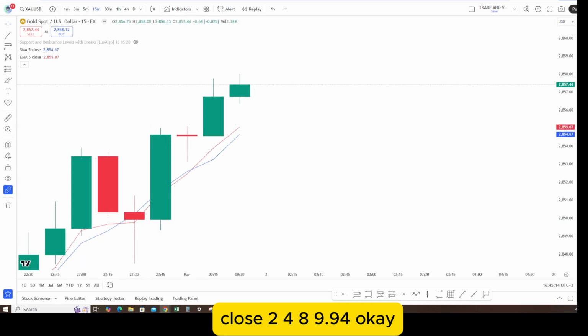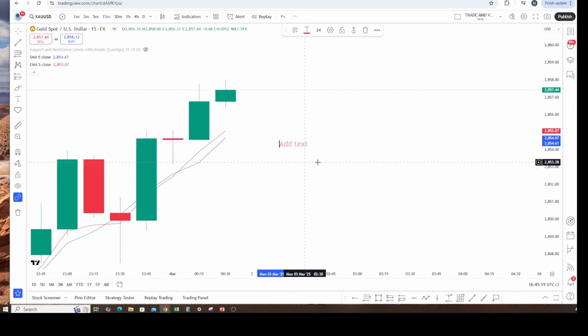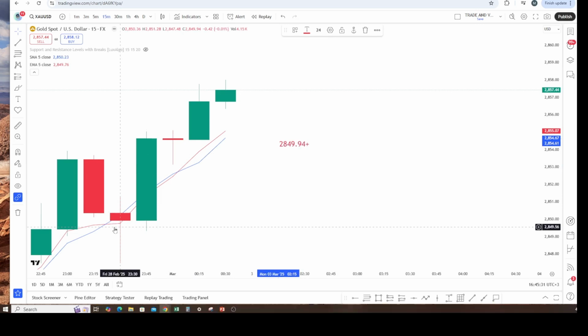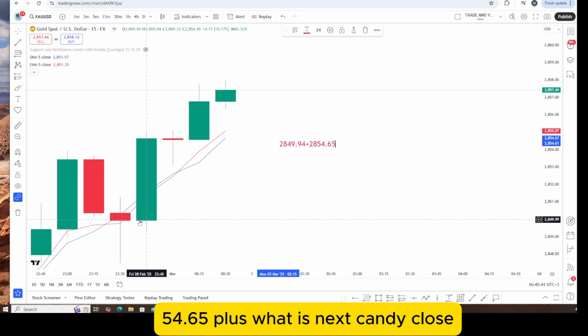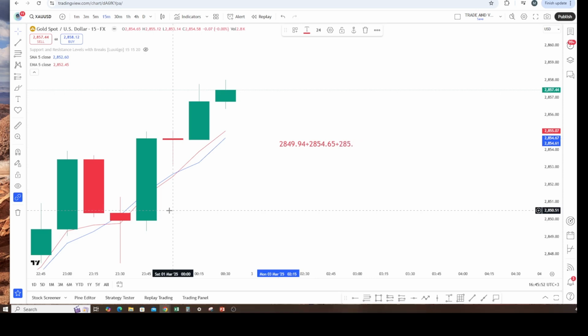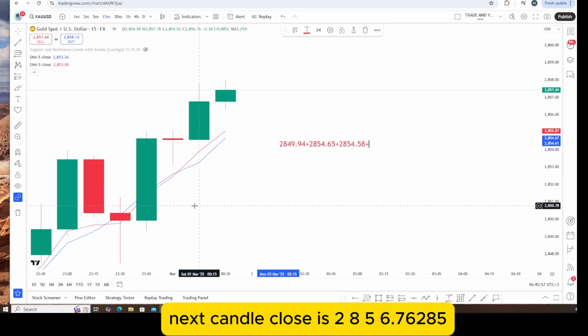2849.94. Okay. Plus the next candle close, which was 2854.65. Plus what is the next candle close? It was 2854.58. The next candle close is 2856.76.